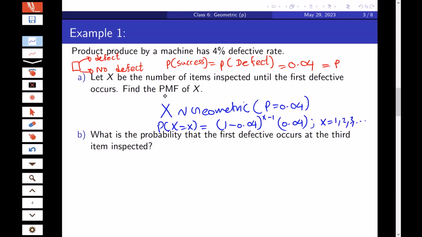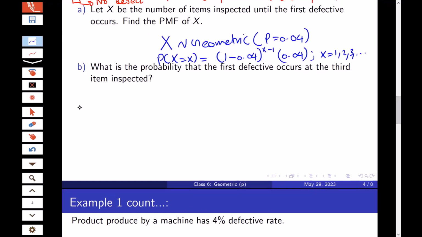Part B question asks, what is the probability that the first defect occurs at the third item inspected? So in here the question asks, what is the probability of getting x equal 3? So here you have to plug in x as 3, which is (1 minus 0.04) to the power 3 minus 1, times 0.04, and find this probability.